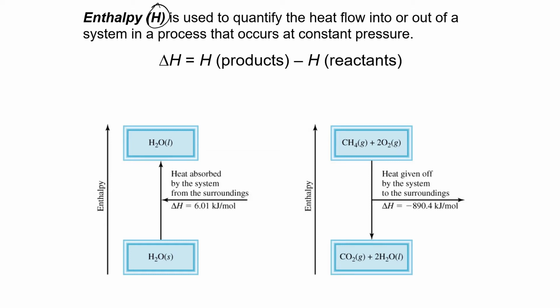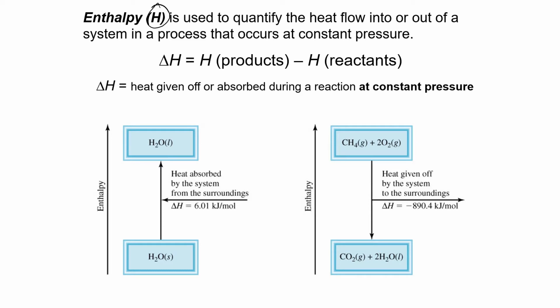So if we have the enthalpy for our reactants and products from a table, which we can look up, they've been experimentally determined, we can calculate the change in that heat flow into or out of the system as it occurs under constant pressure. So again, delta H is the heat given off or absorbed during a reaction at constant pressure.